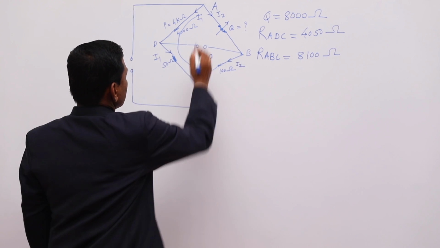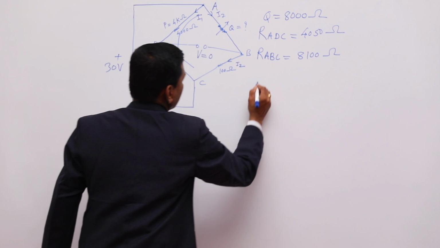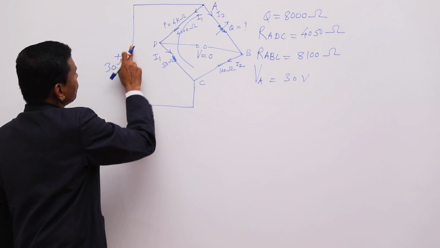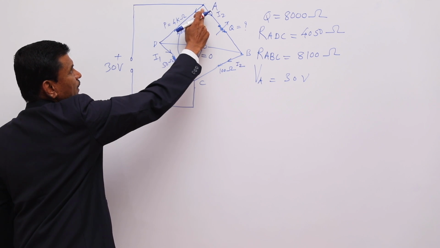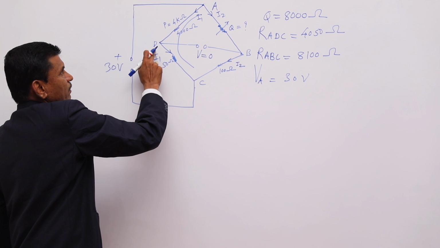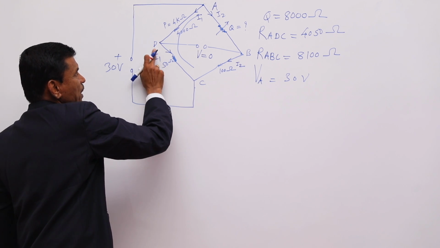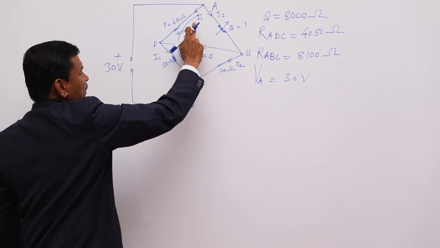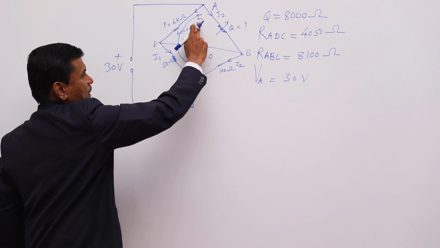Now what is the potential of point A? The potential of point A is definitely 30 volt. A 30 volt battery is connected there. Can we find the potential at point D? Yes. For that purpose, let us find the potential difference between point A and D. For that purpose, let us find the current I1 first.